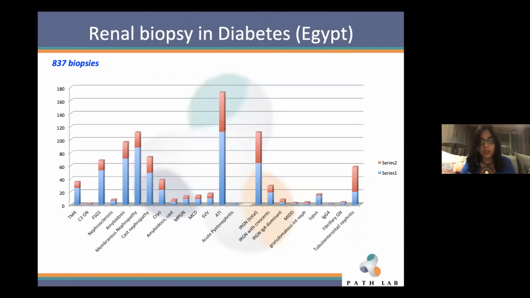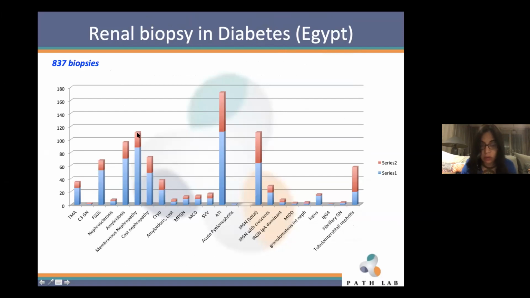This is our own patient cohort. These are 837 biopsies, and you can see all forms of diagnoses of non-diabetic renal disease, ranging from thrombotic microangiopathy. We had one case of C3 glomerulonephritis. We had more than 60 cases of FSGS. You had a good percentage of patients with amyloidosis.